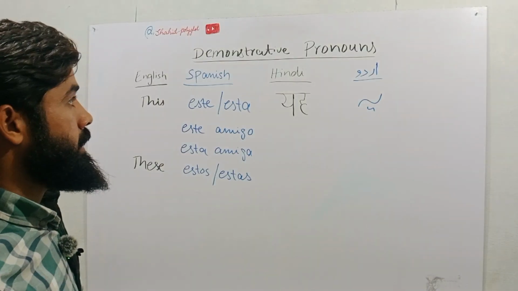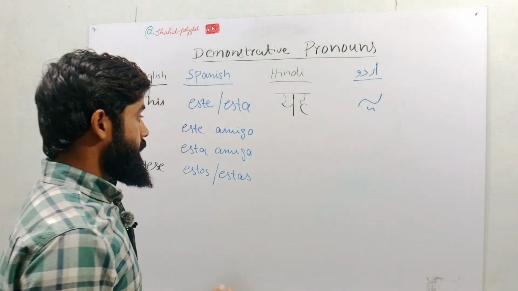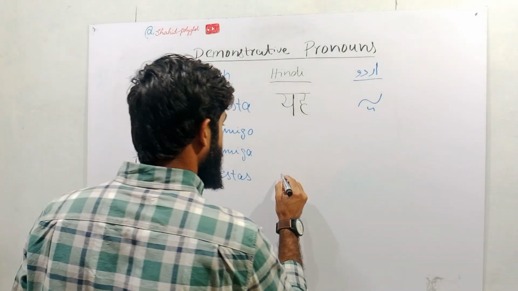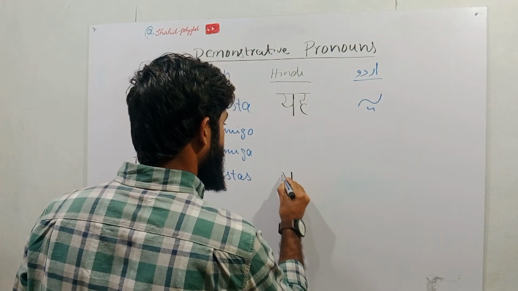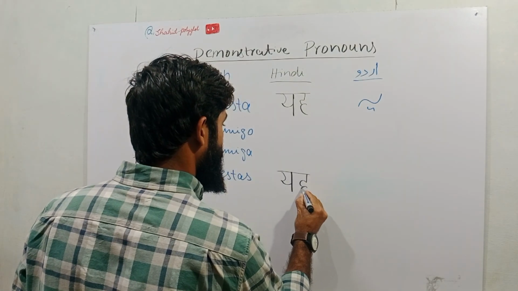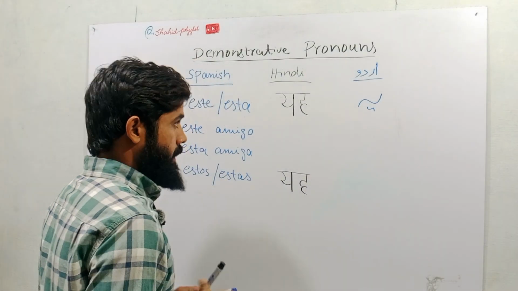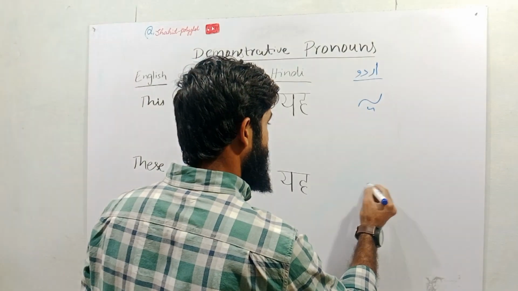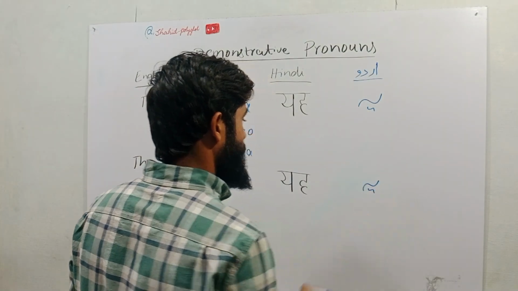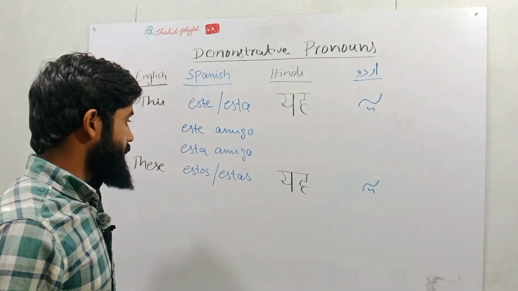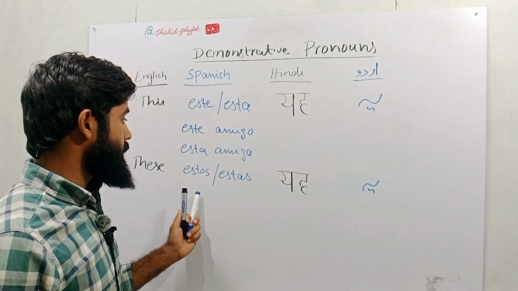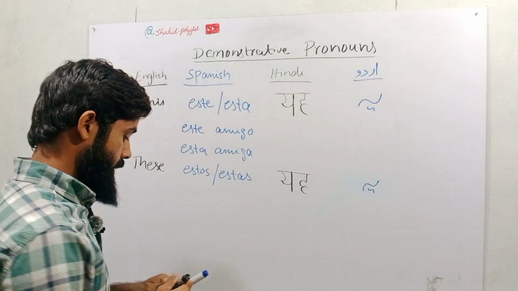And in Hindi and Urdu, we say ye. And same in Urdu, which is written as ye. Now let's take the examples of estos and estas.